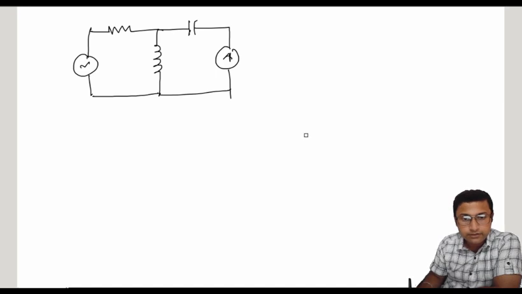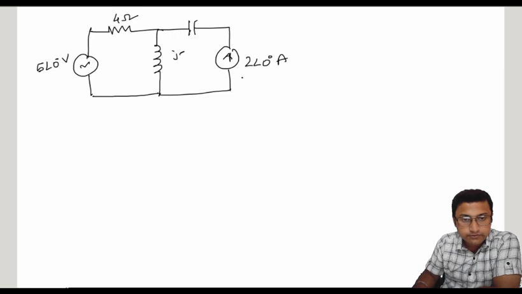So the problem is 2 at an angle 0 ampere and 5 at an angle 0 volt. This is 4 ohm, this is J5 ohm, this is minus 2 J ohm.